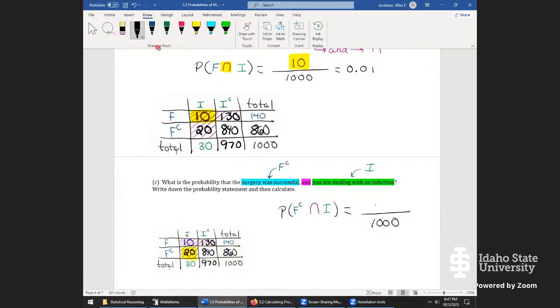So we get a count of 20 on this one. And the whole thing becomes now 0.02. So there's now a 2% chance that you have a successful surgery and, well, you also have an infection. Sorry about that. But that's not, again, a bad situation.